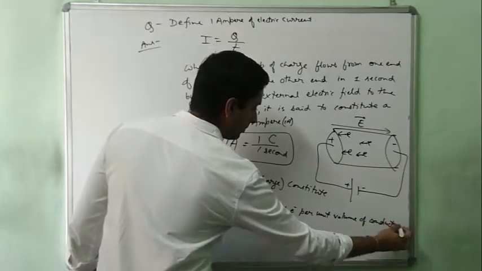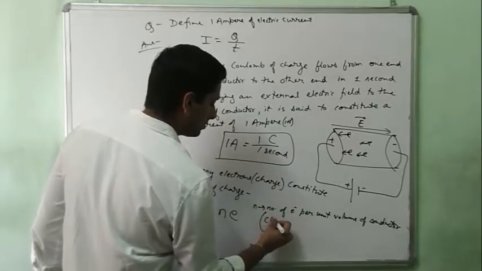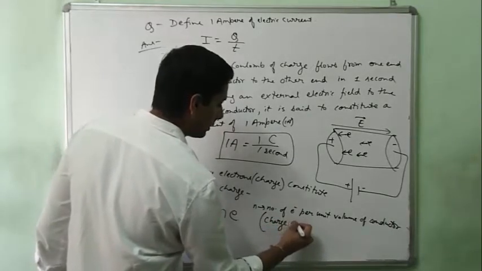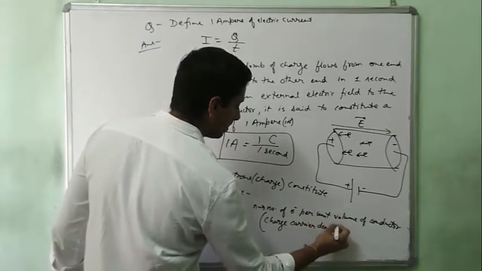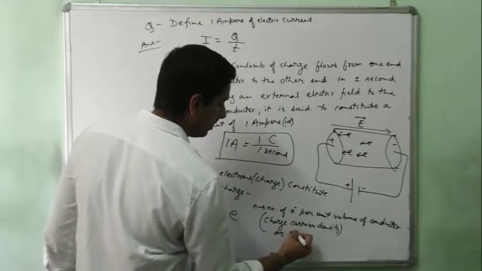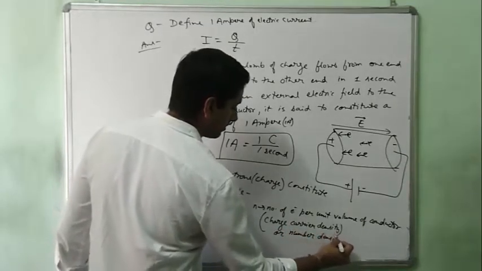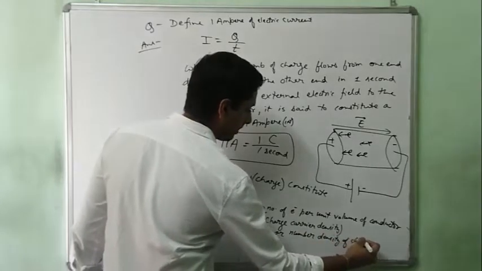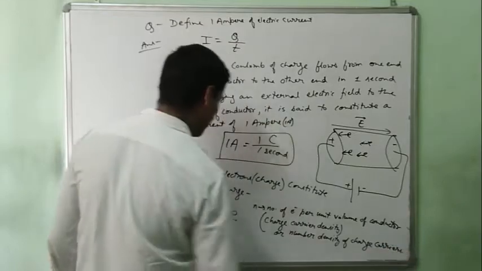It can also be defined by the name as charge carrier density, or it can also be written as number density of charge carriers. Okay, so these can be the terms that can be given in the questions.